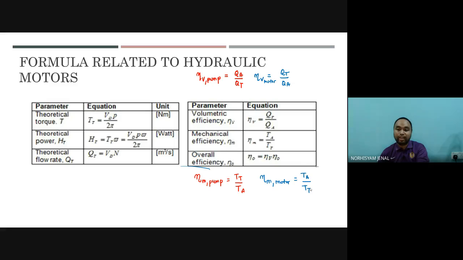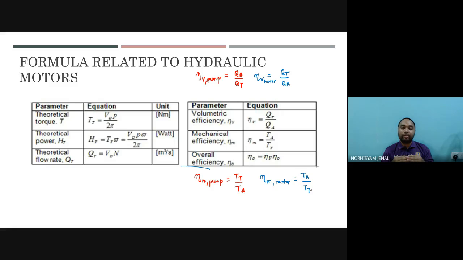Okay, that's why your TT over TA for pump different, and then TA over TT, so mechanical efficiency will be different. Bergantung pada dua keadaan tu. The same thing for volumetric flow rate. Okay, dia the other way around.